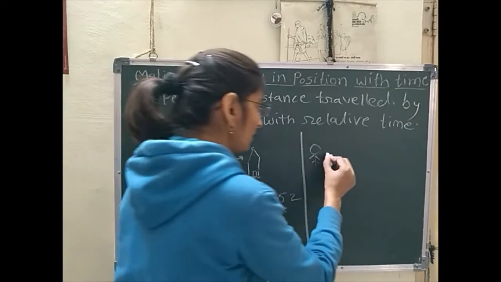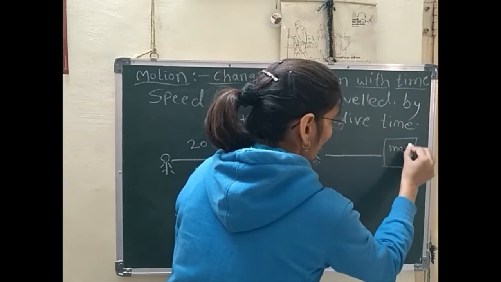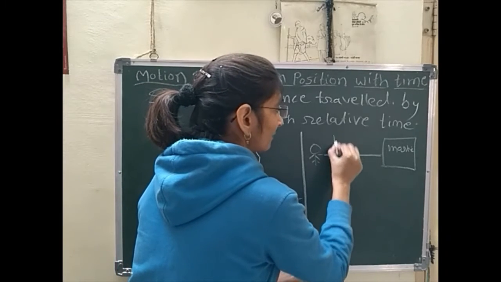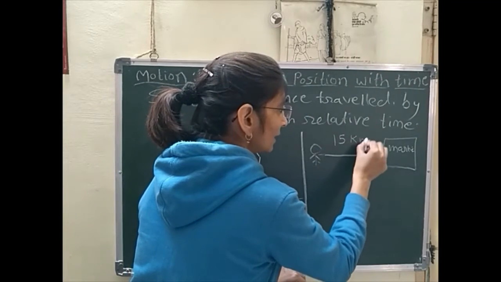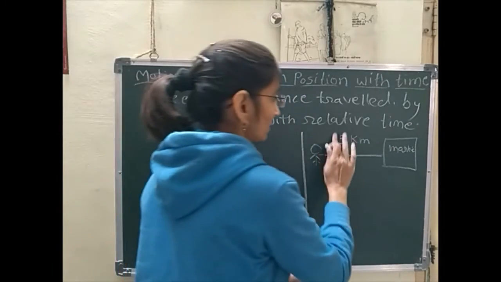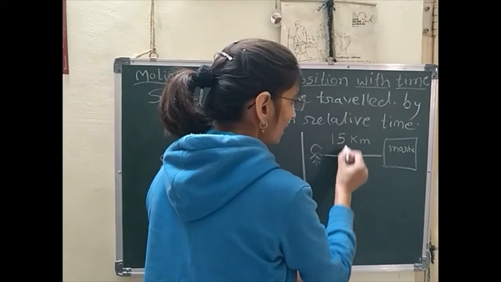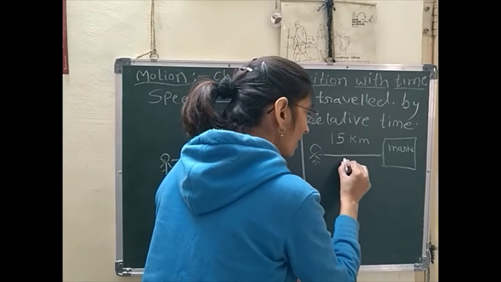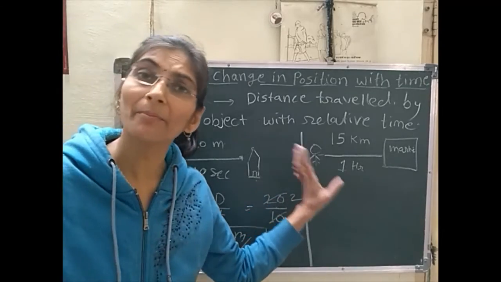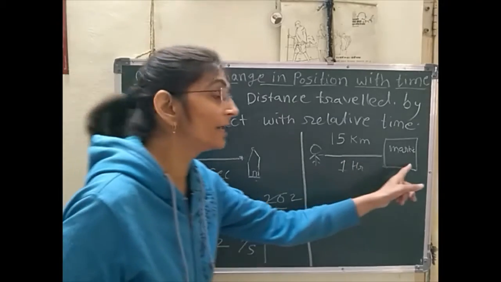And if that fellow is traveling from here to the market, and the market is at 15 kilometers, and he traveled for 1 hour, suppose by bicycle. So within 1 hour he traveled 15 kilometers and reached the market.